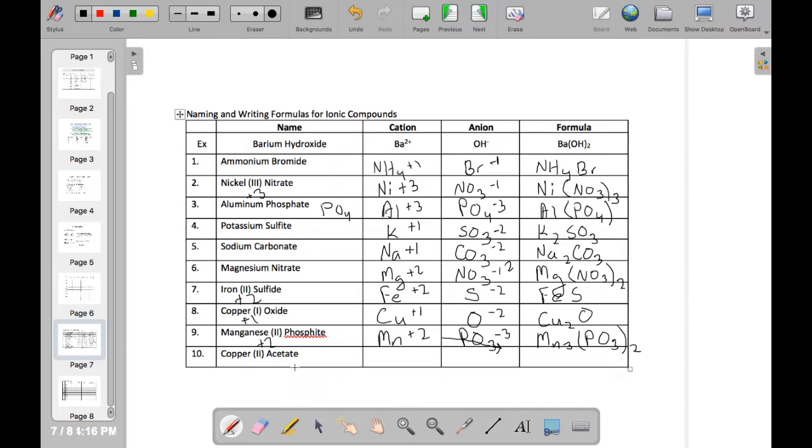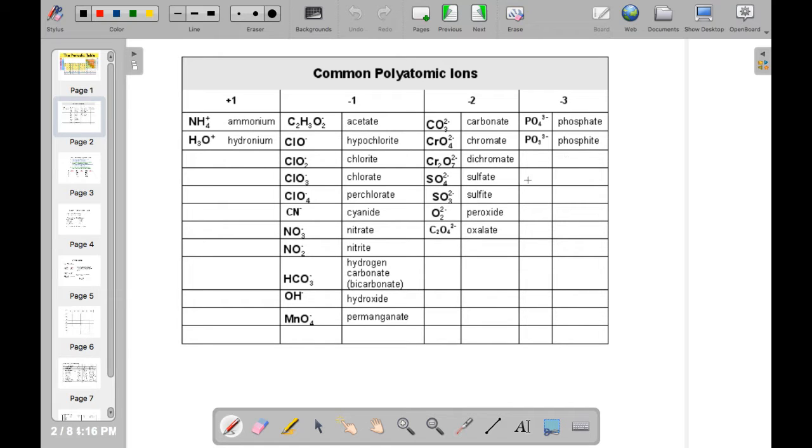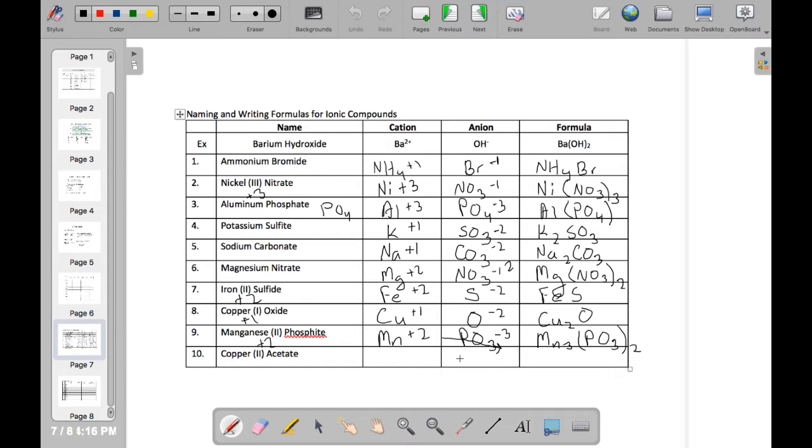Okay, last one. Acetate. This is one that always gets people. Acetate. Check this out. C2H3O2 -1. Wow. I got to memorize that? Well, it's not too bad. Just think it's 232. C2H3O2. Let's put it here.